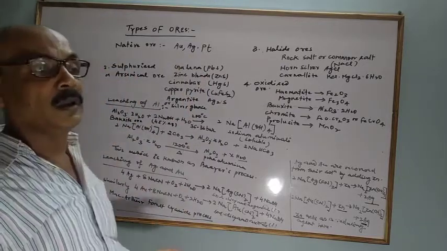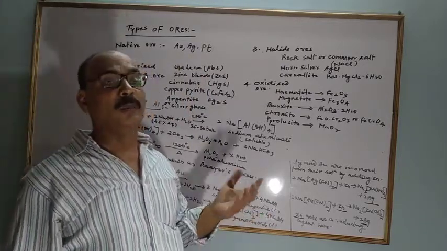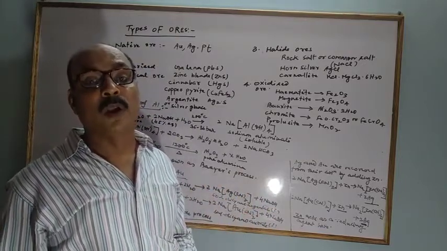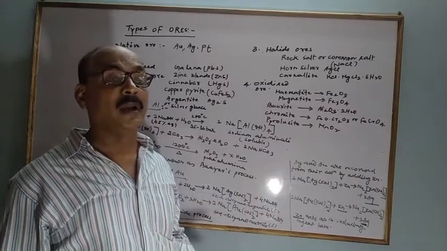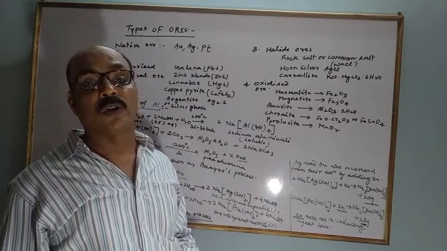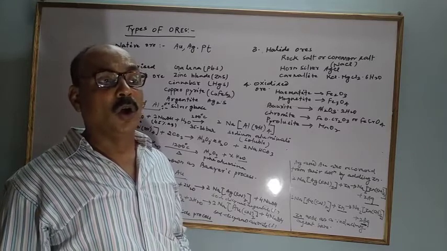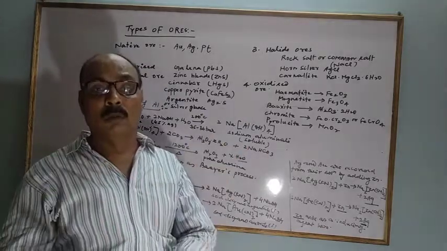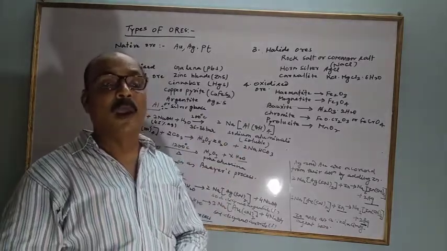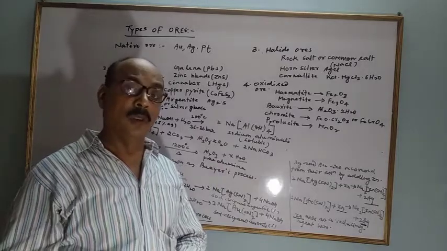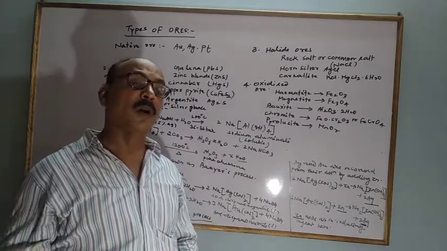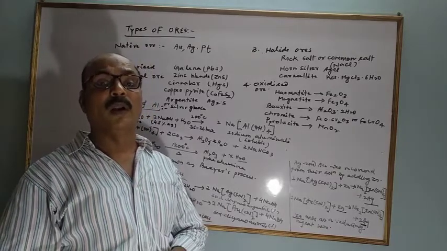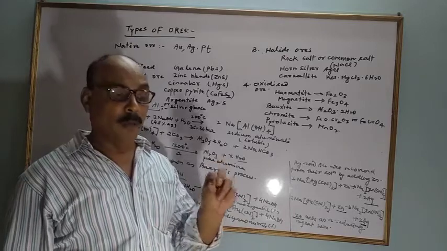They may contain some earthy materials, siliceous materials associated with them, say for example sand or clay or moisture, etc. They are found in the form of big lumps, and the big lumps are crushed or ground into small pieces and then finally pulverized into powder.